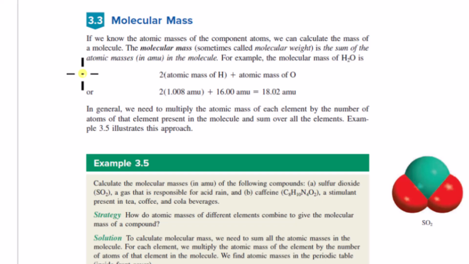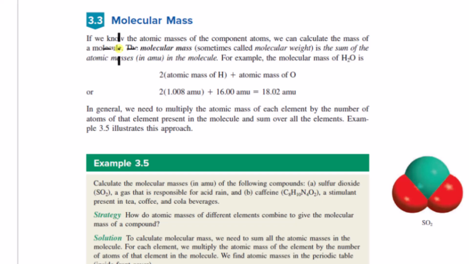Okay, so starting with molecules, when we're thinking about masses of molecules, what we have is molecular mass or molecular weight. And all you're doing in this case is adding up the atomic masses, the atomic weights of all of the different atoms in each molecule to get the total mass or weight of the molecule, right?